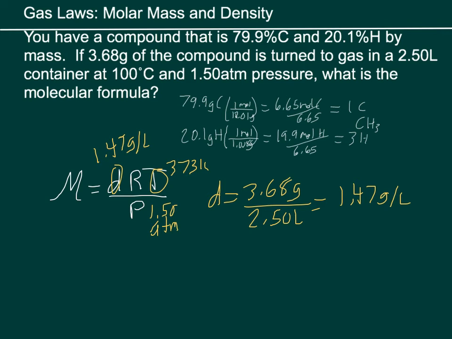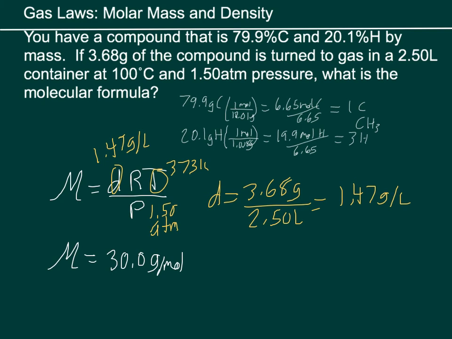We get the molar mass being pretty much around about 30 grams per mole. It's 29.99, so let's call it 30.0 grams per mole.